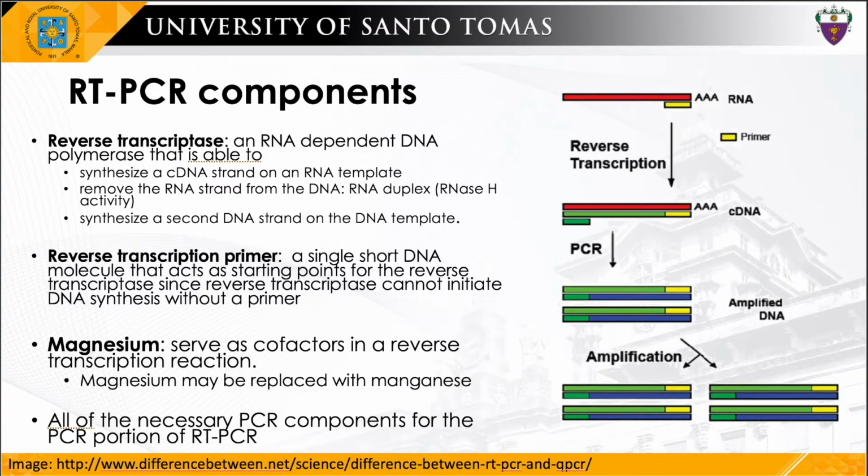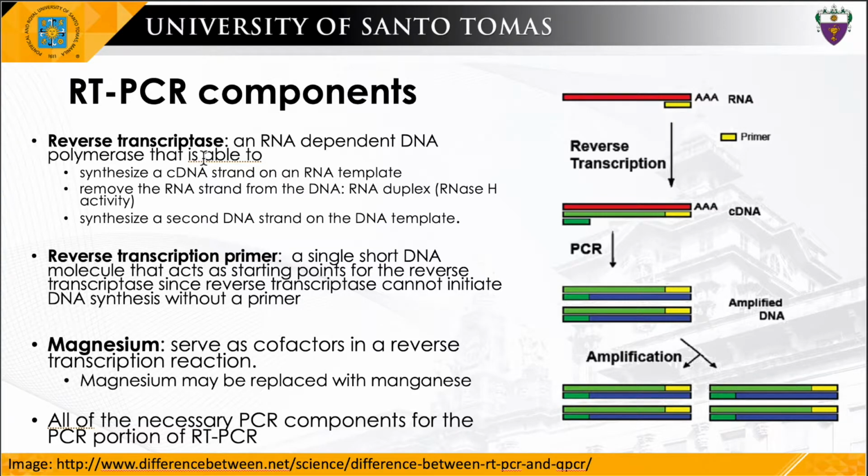Here, we're going to discuss the important elements of an RT-PCR. These are the components that we've discussed in the previous slides. We have the reverse transcriptase, the reverse transcription primer, magnesium, and all of the necessary components for the PCR portion of the RT-PCR.